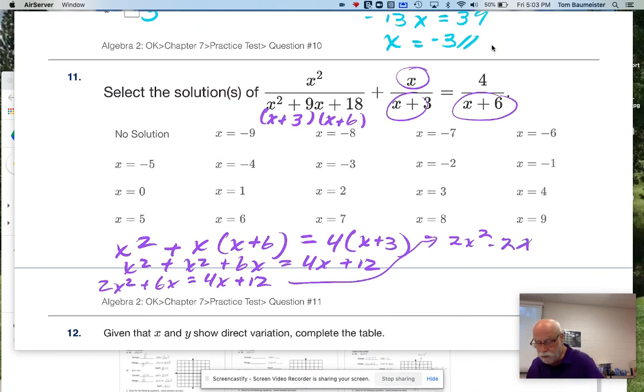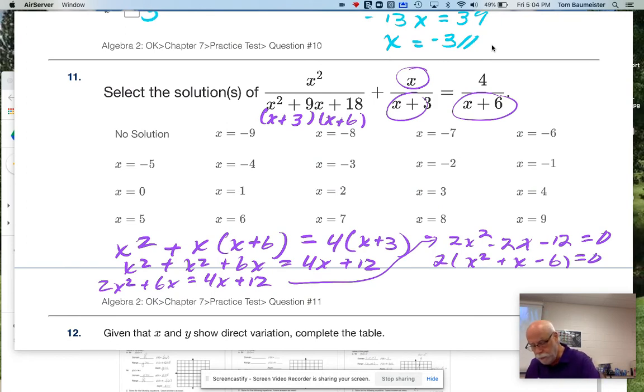And when I bring that 12 over to the other side also, it's positive here. I take it over to the other side, it becomes negative. So minus 12. I'm going to set that equal to 0. Okay. Remember on this here, it looks like I can factor out a 2 on everything. That'll give me x squared plus x minus 6 is equal to 0.